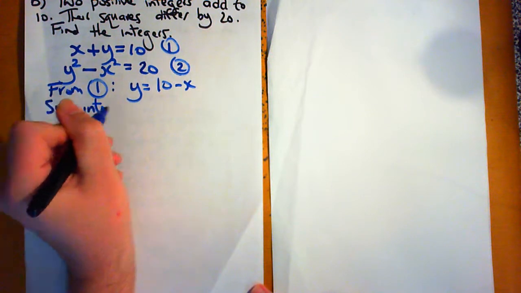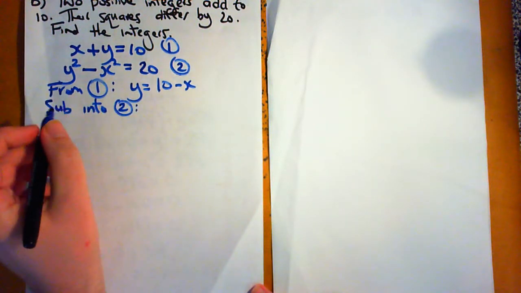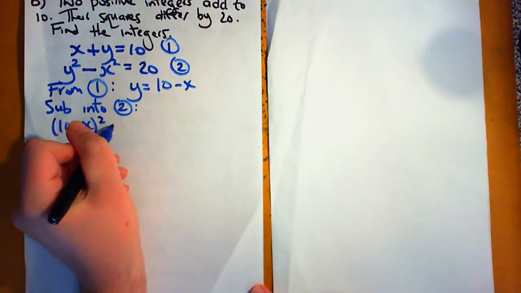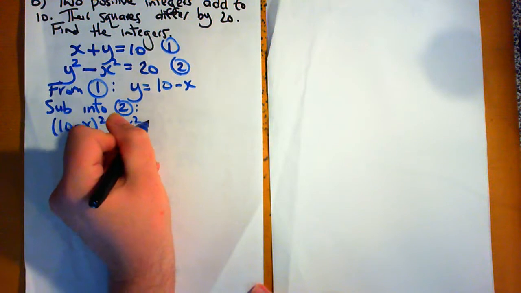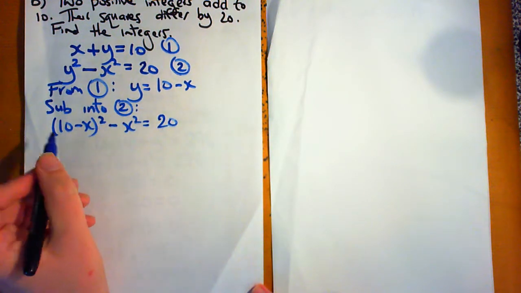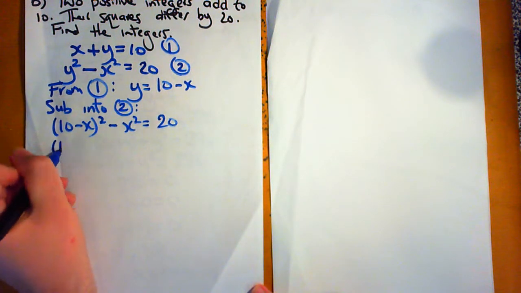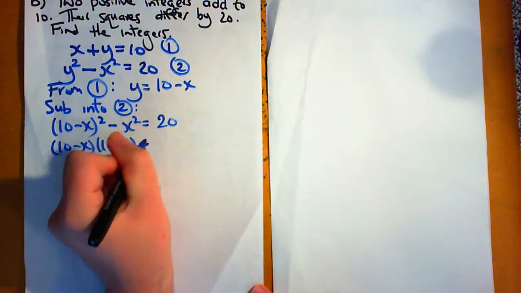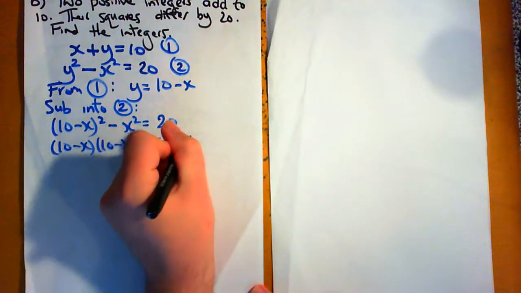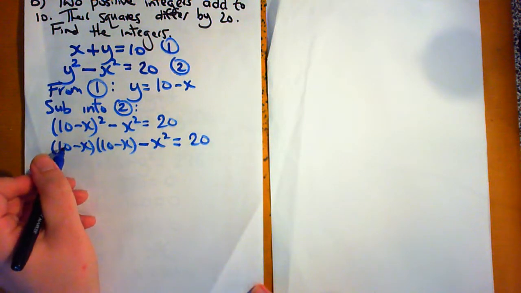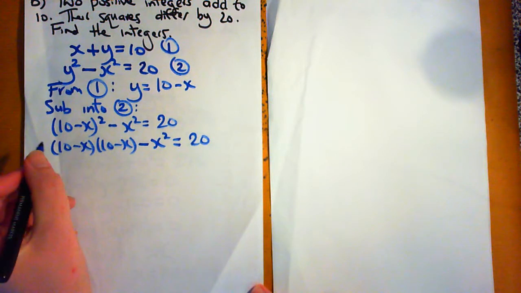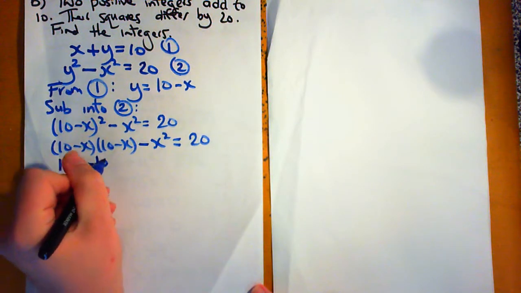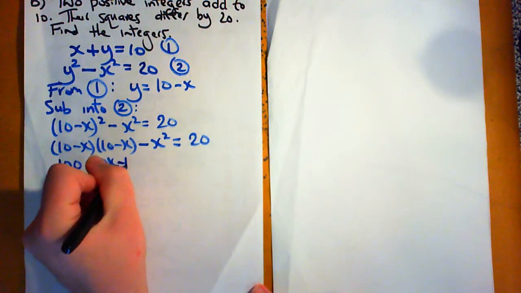Now we'll substitute into equation 2. So that will give us 10 minus x, that squared, minus x squared equals 20. So we've got to expand out 10 minus x times 10 minus x. 10 times 10 is 100 minus 10x minus 10x.